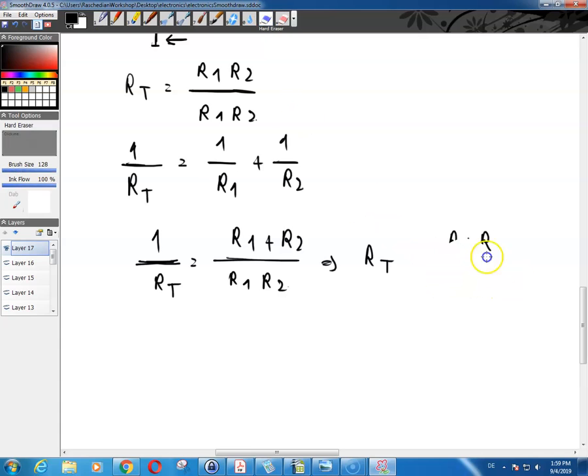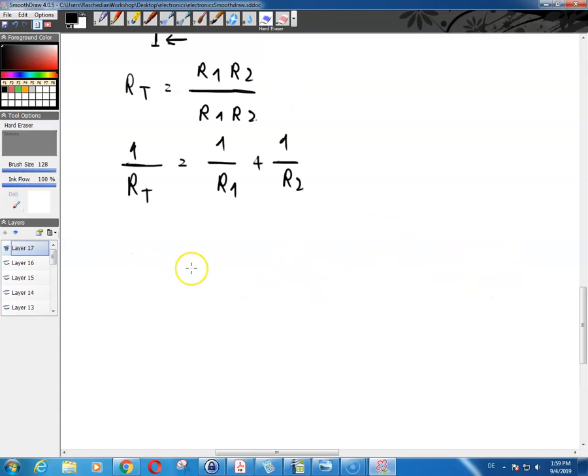So you can use either of these equations. This is easier, of course.